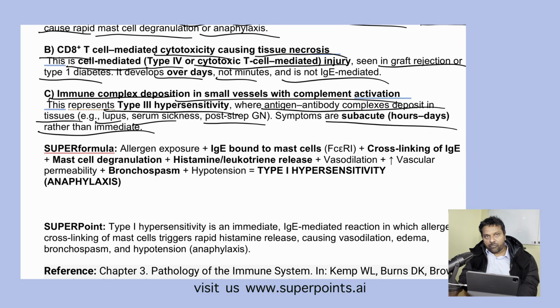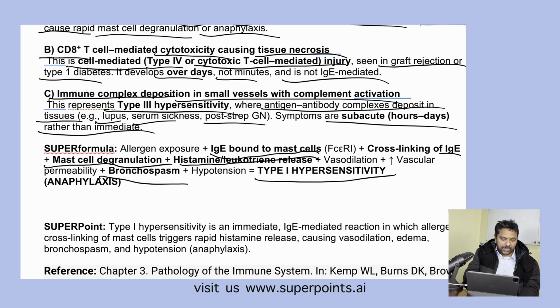So what is the super formula? The super formula is you look at specific keywords, and within a few seconds you go to your answer. For example, when you see IgE bound to mast cells, IgE and mast cell degranulation happening, histamine released, bronchospasm happening, then it is type 1 hypersensitivity.